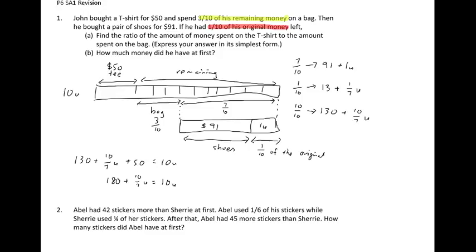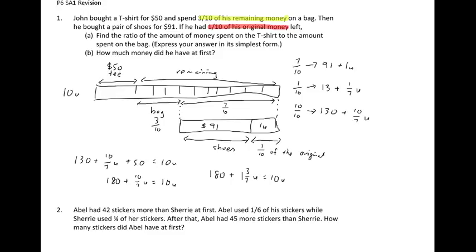So far so good? We also know that 10 over 7 unit is actually 1 whole 3 over 7 units. True or false? Correct? 10 over 7 is 1 whole 3 over 7 unit, right?